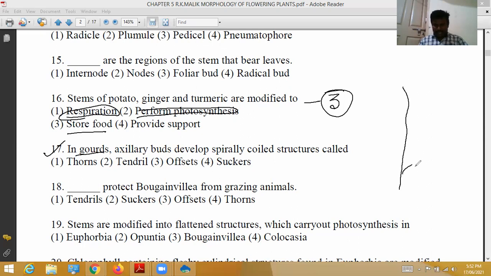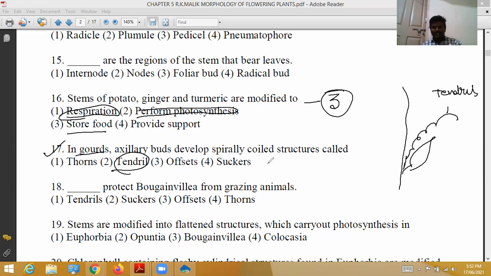This is called an axillary bud. This spirally coiled structure is called a tendril. In gourds, the axillary buds develop into spirally coiled structures called tendrils.